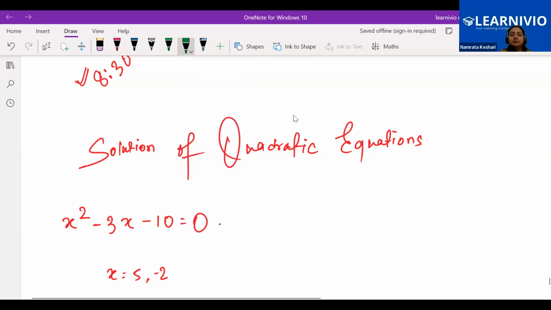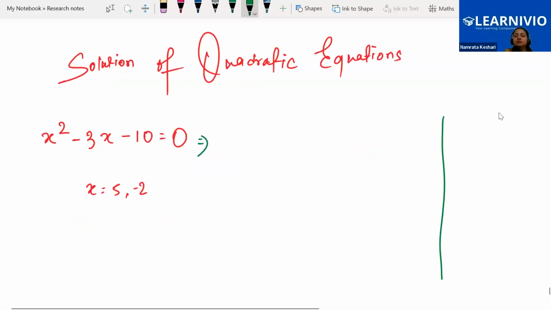Let's check it. We will do the multiplication of A and C. Here, A is 1, C is -10. I said that sign doesn't matter, value matters. Okay, 10 is the final.